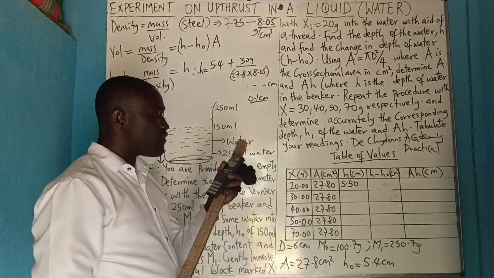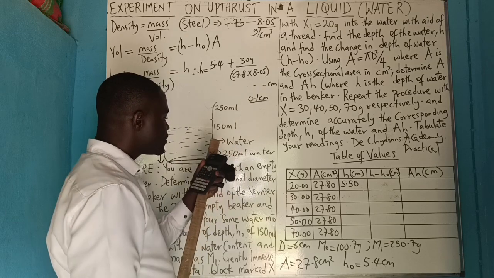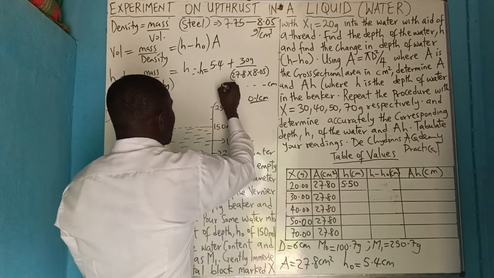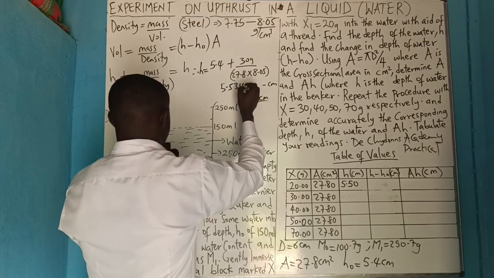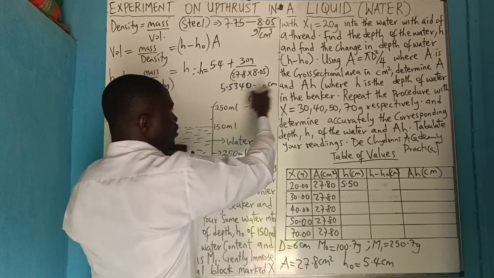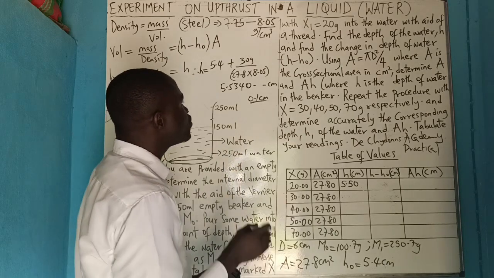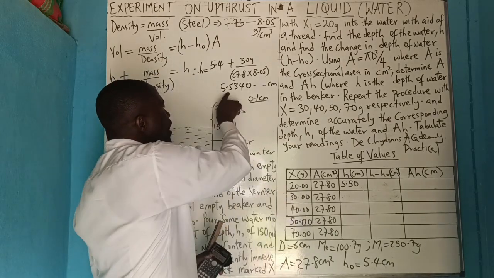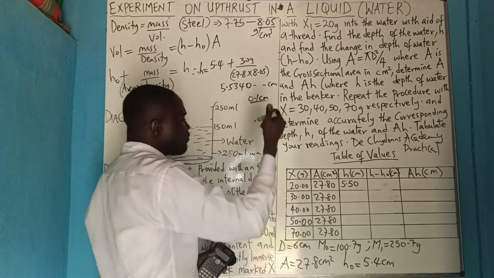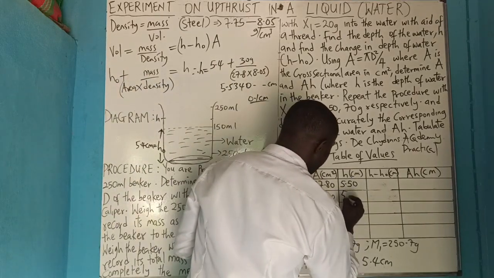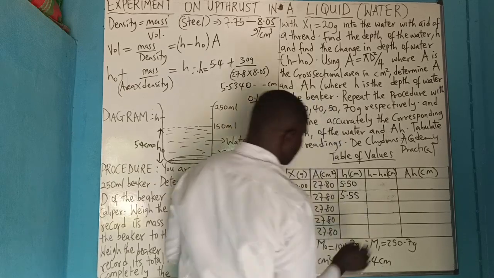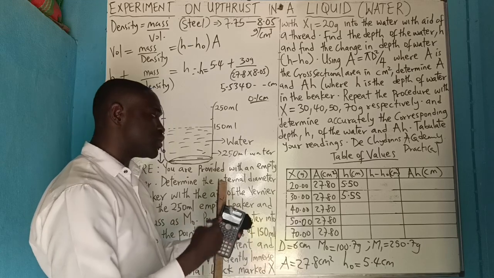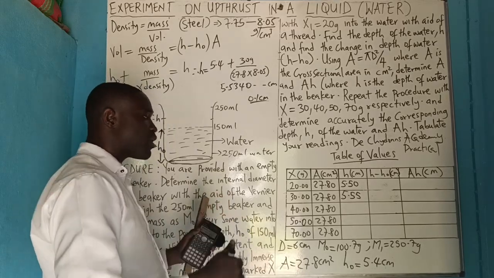You will be getting 5.5340 continue. Now, because we cannot get this with our centimeter rule, we can say let us approximate it to 5.55. We have here 5.55. Because we can get 5.5, 5.6, and in between 5.5 and 5.6, that is 5.55.